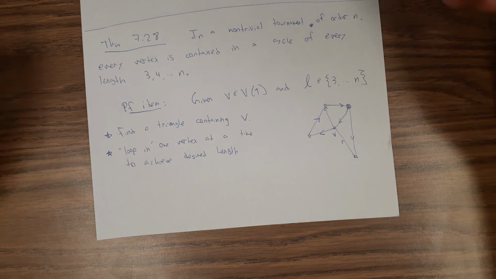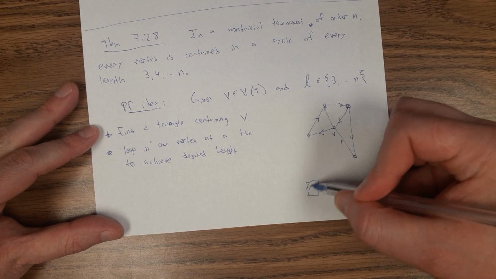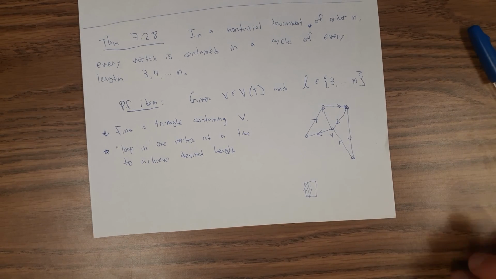So this property is called being pancyclic. Pancyclic means that you have a cycle of every conceivable length, all the way from the shortest conceivable cycle of length 3 to the longest, which has all the vertices in the whole graph, so it would be length n.